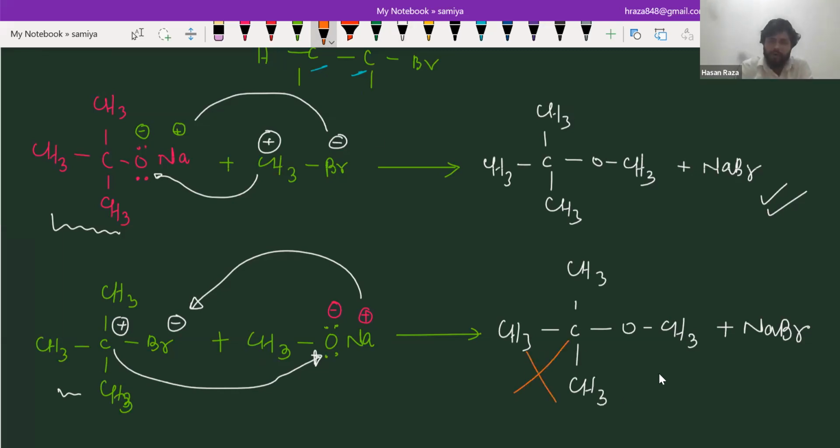This is wrong. Always remember, if the alkyl halide is primary, then ether can easily form.